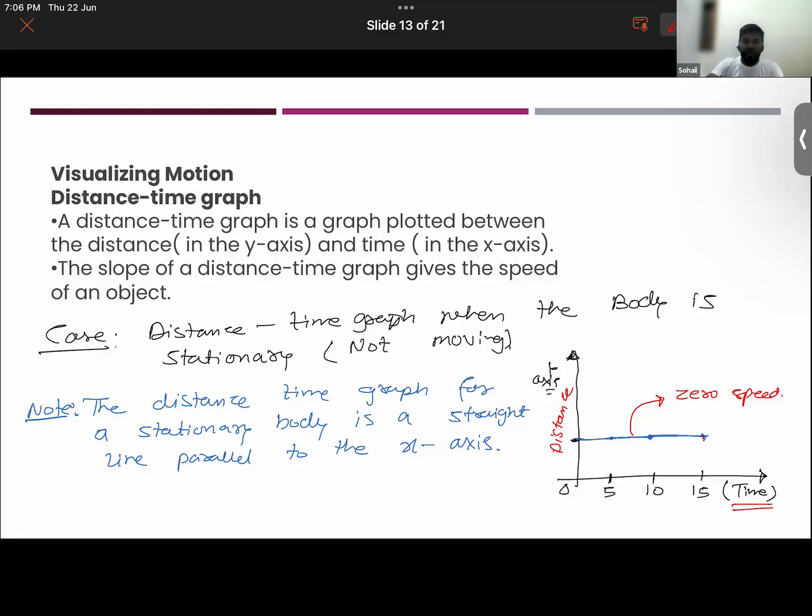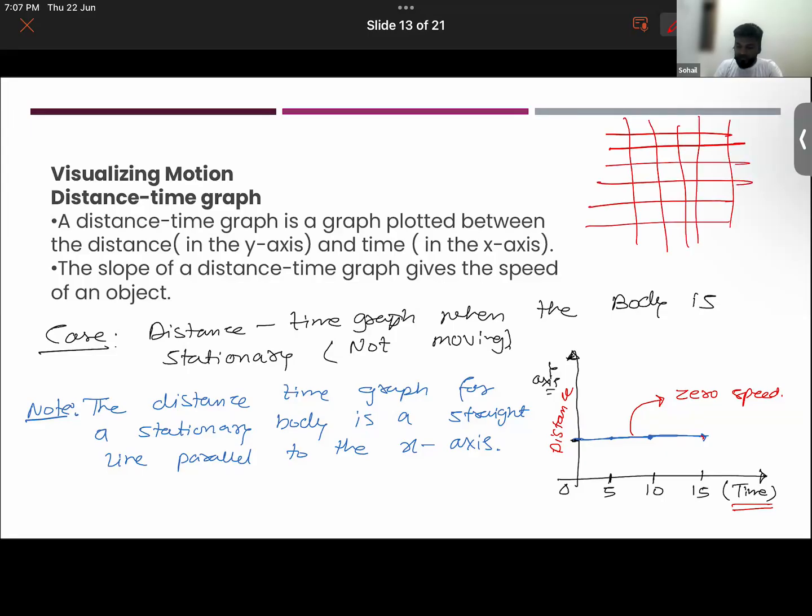Now, how to draw a distance time graph? It is also part of the discussion, which is in fact very important here. Basically, to draw a distance time graph, you will be using graph paper. You know how graph paper looks like. There are lots of boxes in it. On a graph paper, we usually plot the distance time graph.